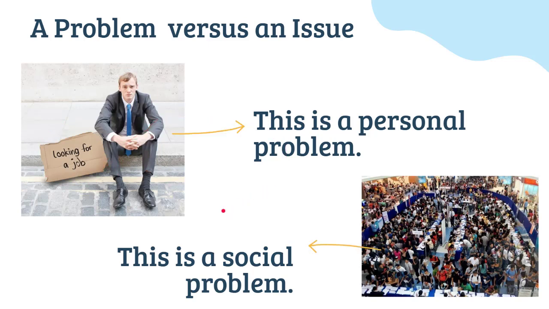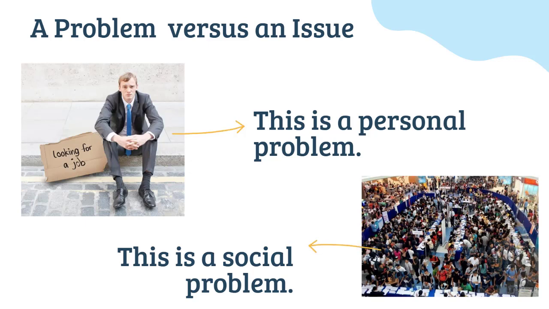Now, it becomes a social issue or a social problem when it already affects the community, the society, the value system of the society in general. Now, in unemployment, you have to look at the conflicting ideas behind unemployment. Okay? There are conflicting ideas behind it, and you have to discover it.